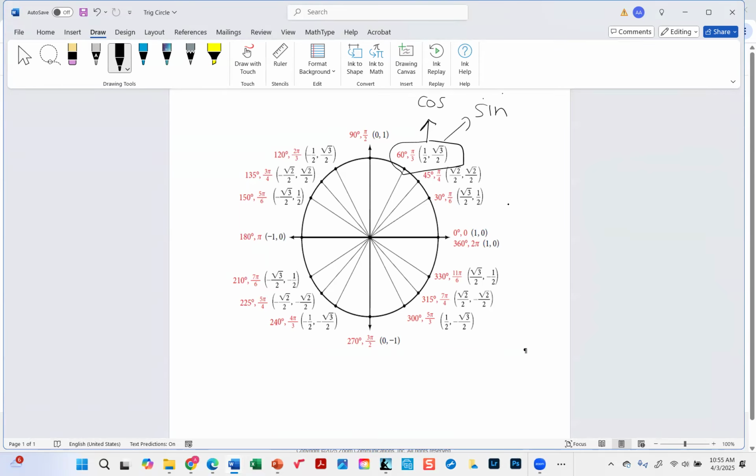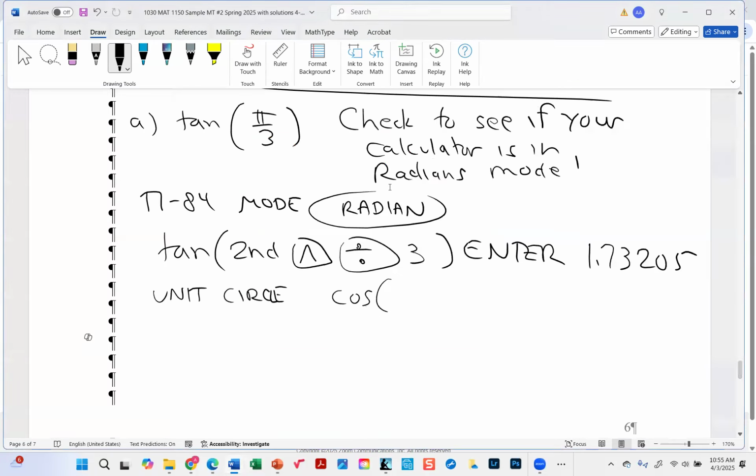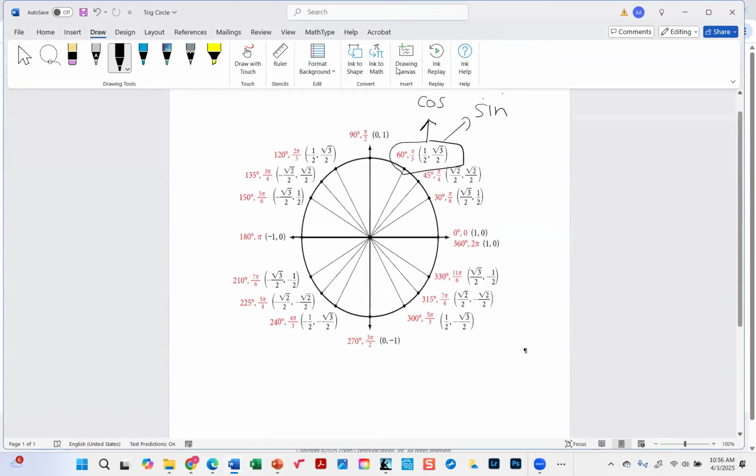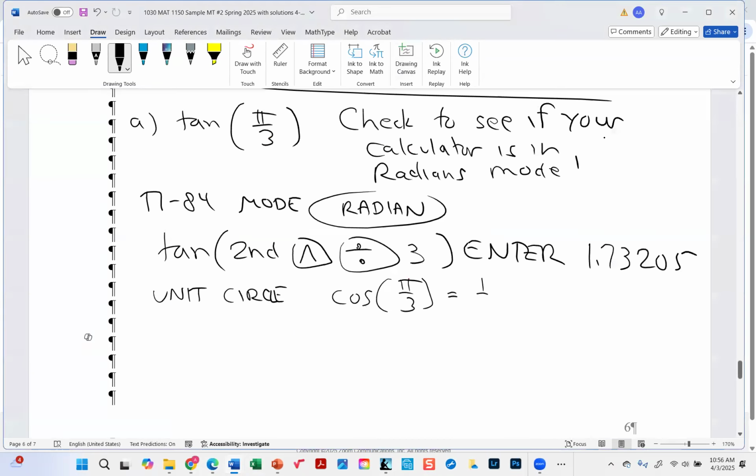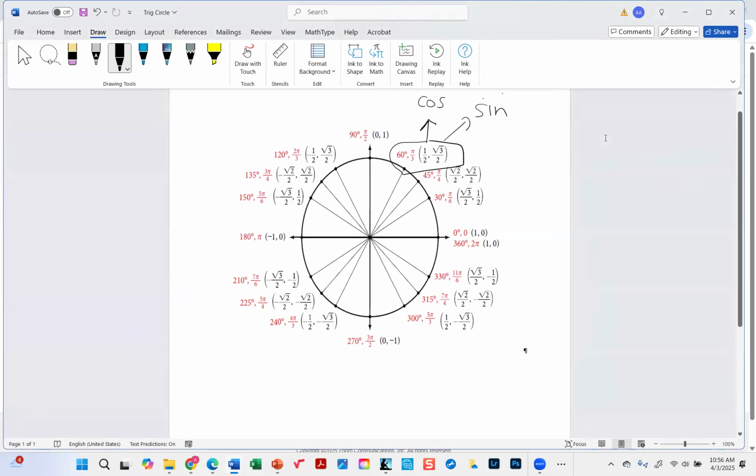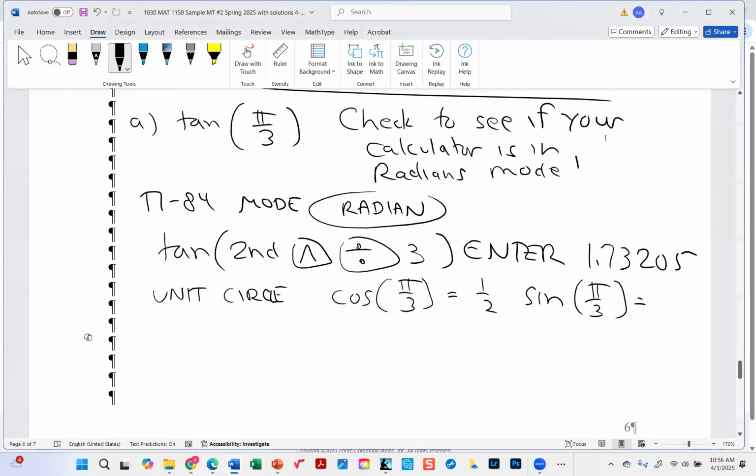Okay, great. So for pi over 3, according to this unit circle, the cosine is the x-coordinate, which is 1/2. The sine is radical 3 over 2. Great.